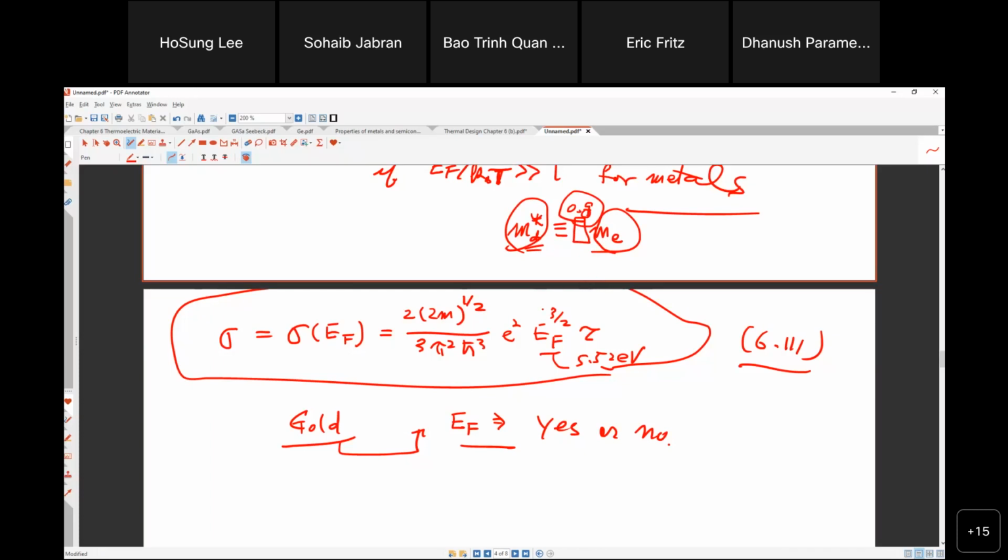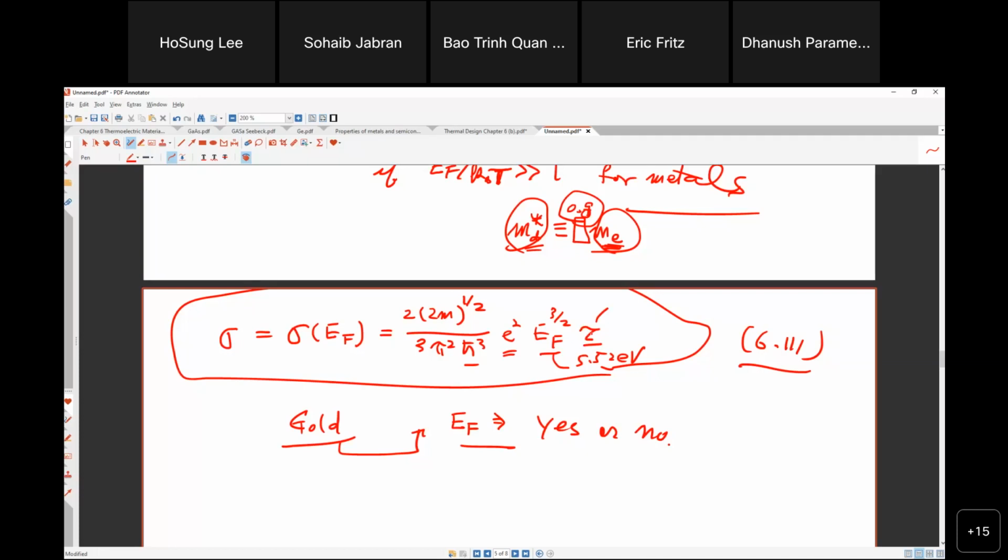So suppose we assume the electron mass is the same, whatever. So we have an electron mass, this is a constant. All we need is the charge and the relaxation time.